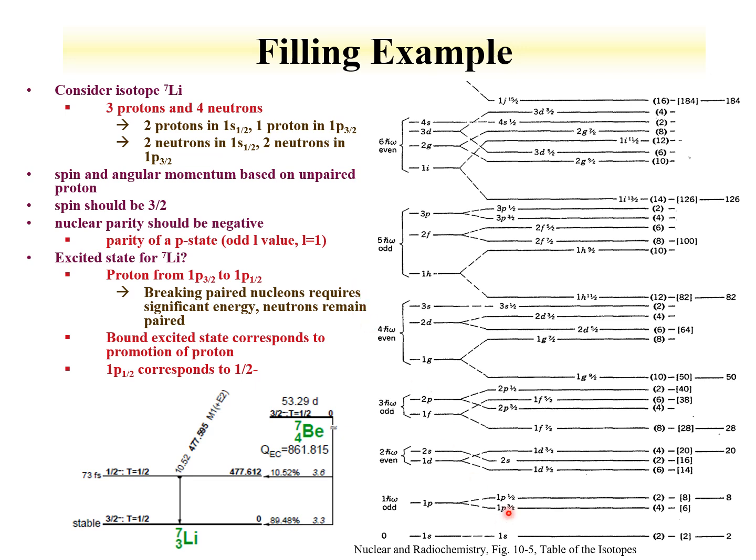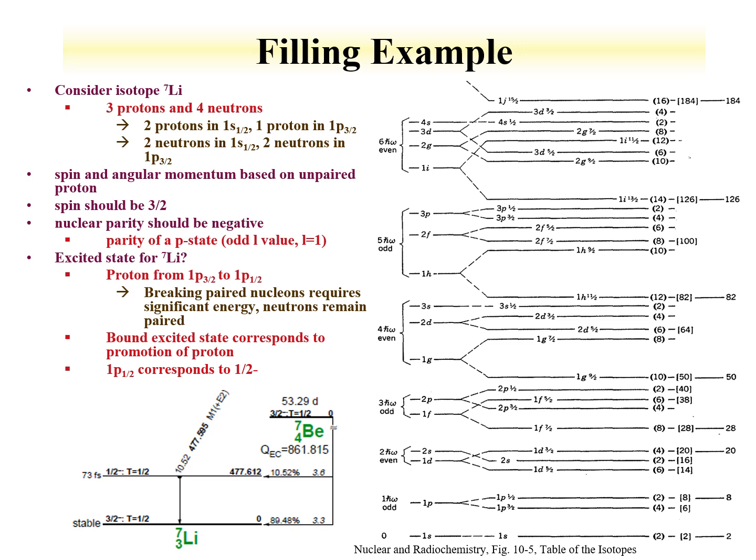So the unpaired nucleon would be living in this 1p 3/2. The next state up would be the 1p 1/2 state. We would expect the excited state of lithium-7 to have a spin and parity based upon the 1p 1/2. So the spin would be 1/2.